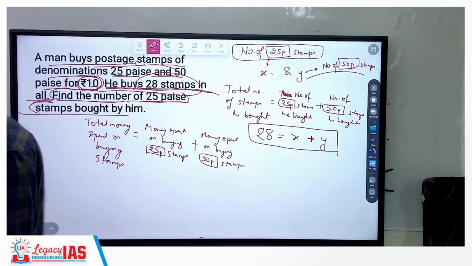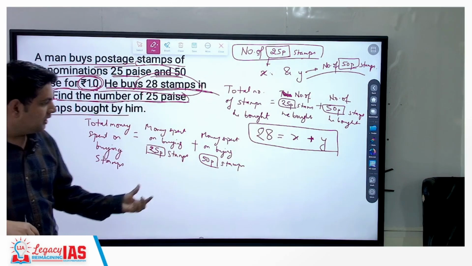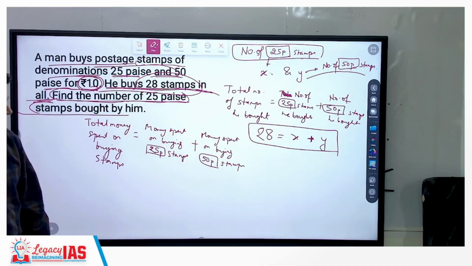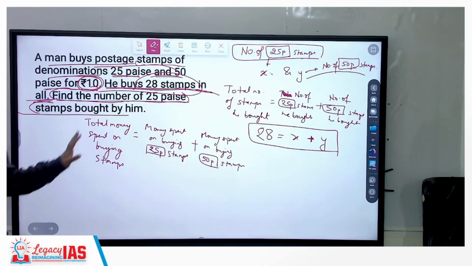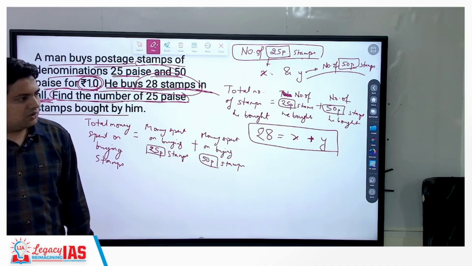Okay, these are the two parts to it. Understood? Total money is spent on buying either 25 paise stamps or 50 paise stamps. That's it. These are the only two possibilities.